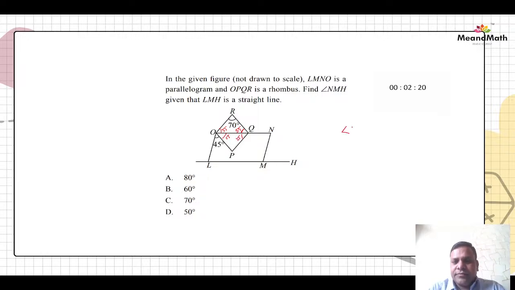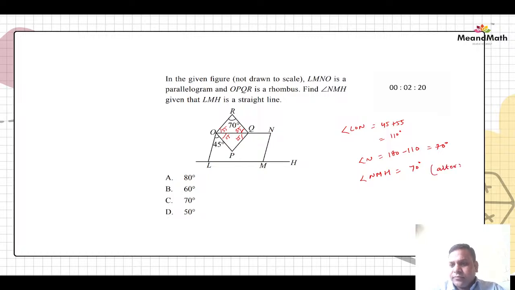So angle LON is equal to 45 plus 55, so the answer is 110. Angle N is equal to 180 minus 110, that is 70 degrees. So angle NMH is equal to 70 degrees. Why? Alternate angle. Good. So the answer is C. The third option is the correct answer.